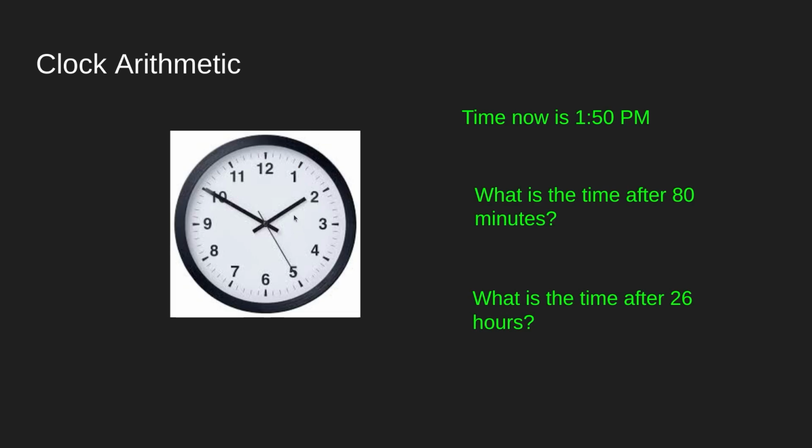Of course, on an analog clock you can observe that the hour hand will be in between, but anyway, we should be able to deduce that the time after 26 hours would be 3:50 p.m. All we have to do is add 2 to the hour here, 1 plus 2. We don't actually have to add 26 and solve it. So that's kind of the intuition.